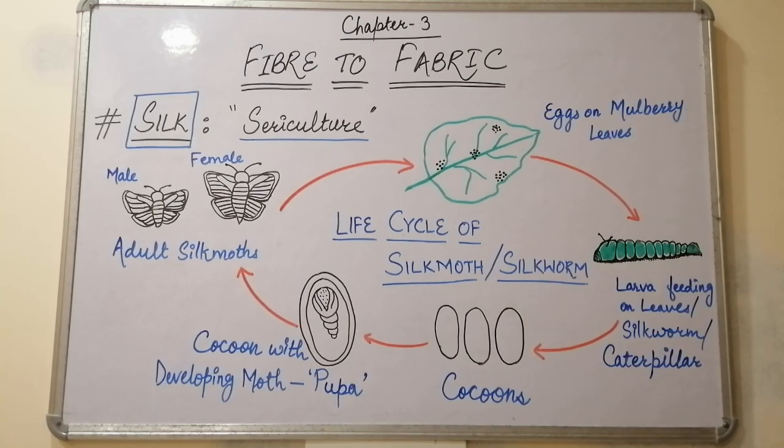Accidentally, when one of the cocoons fell into her teacup, she noticed that some shiny fibers were coming out. They discovered that these fibers could be woven into specific fabrics, and they gave the fiber the name silk.